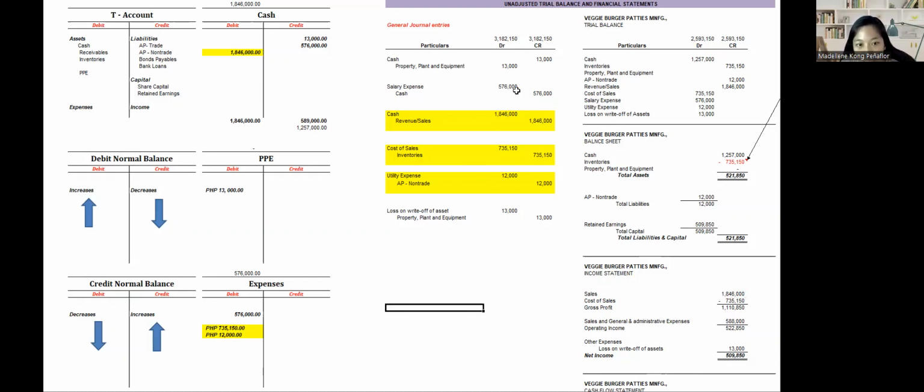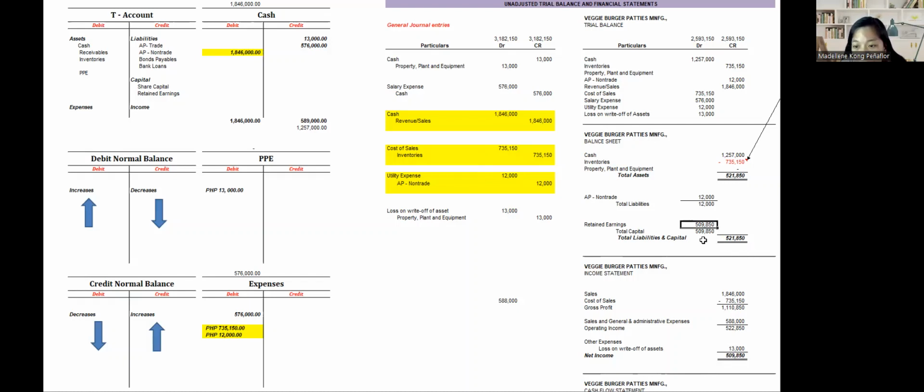expenses? So we have here salary expense, if you can see, salary expenses plus utility, yeah. So we have 588,000. Then other expenses is of course the loss on write-off of assets, which is the bicycle, 13,000. So we get 509,850. Since we don't have a recorded capital, which is very, very questionable, so we just put the retained earnings.